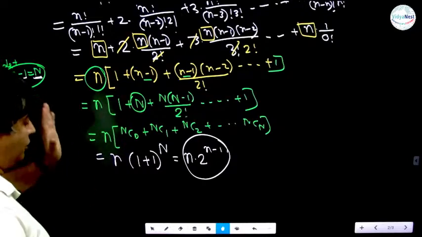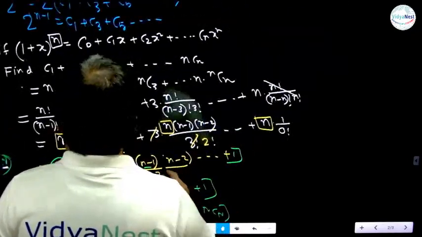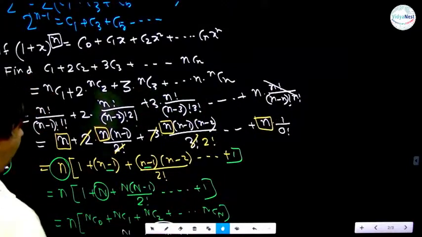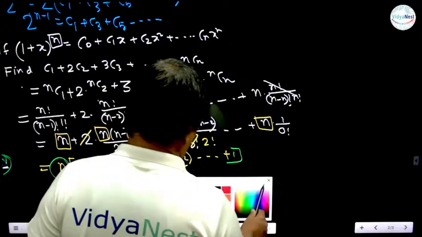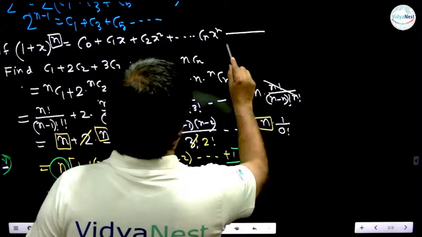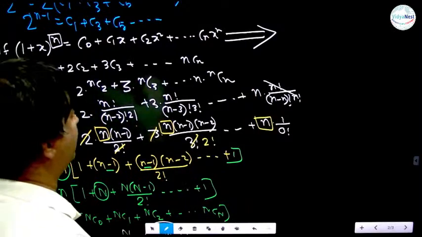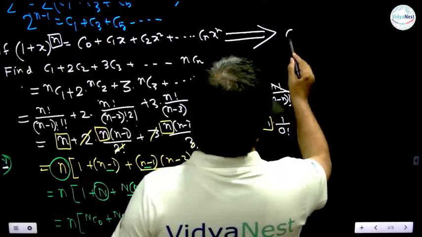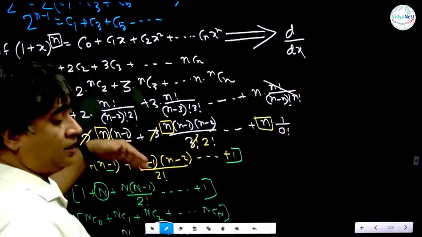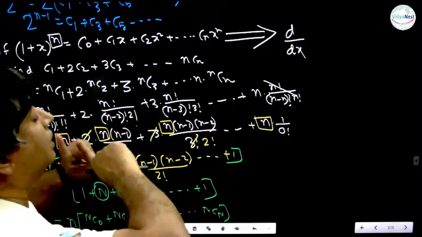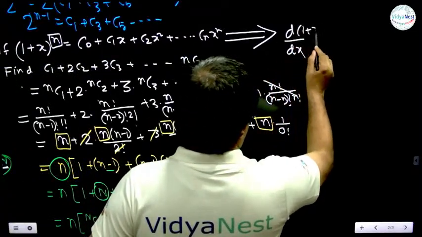If I do this sum with differentiation, then it will be much simpler. So you do one thing: differentiate both sides with respect to x. The same sum is being done with the calculus method, and I hope it will seem easy to you.